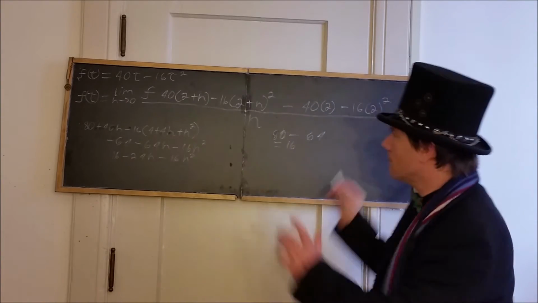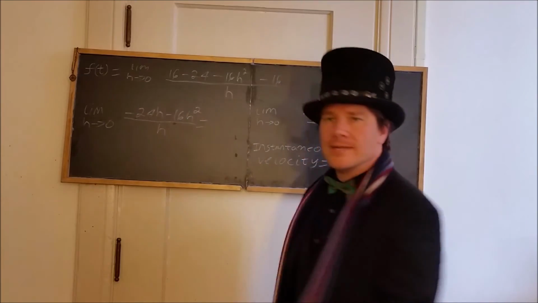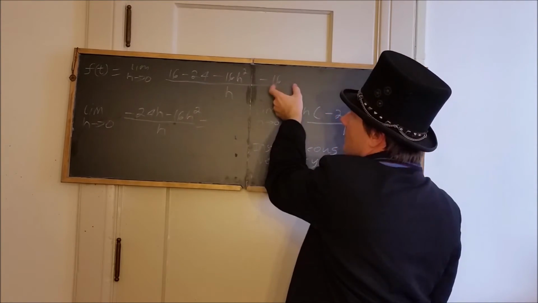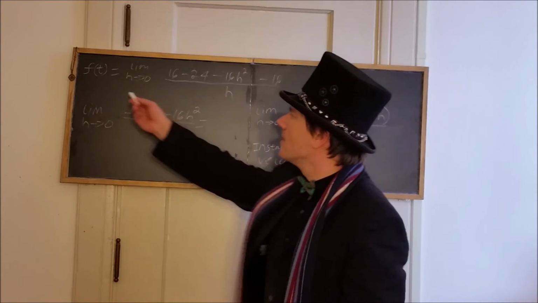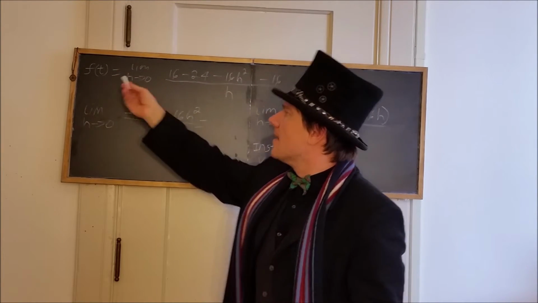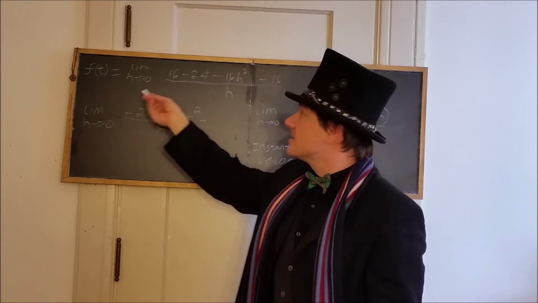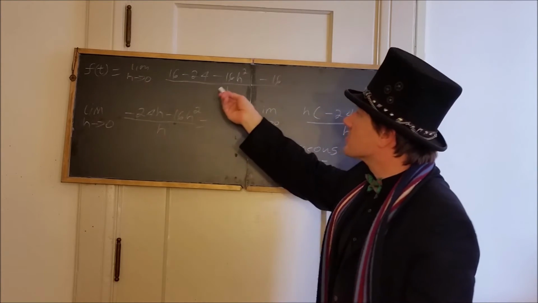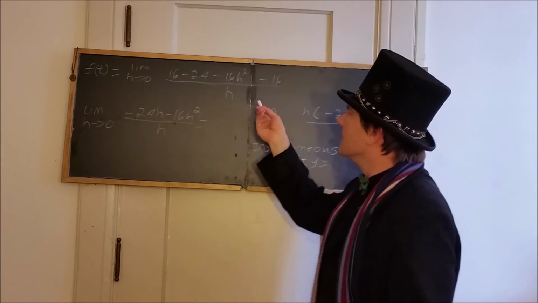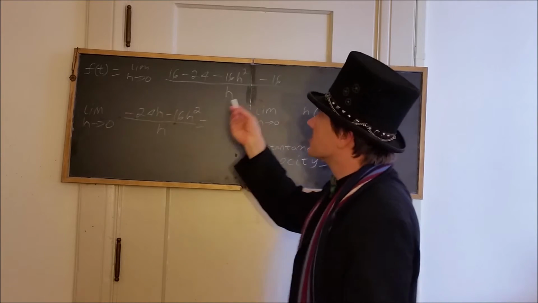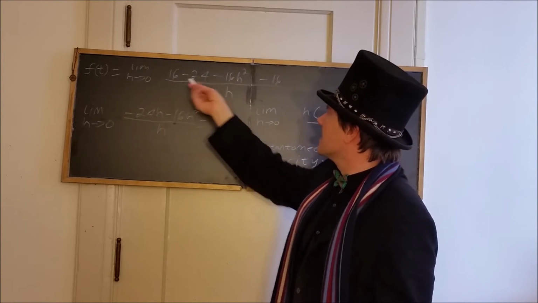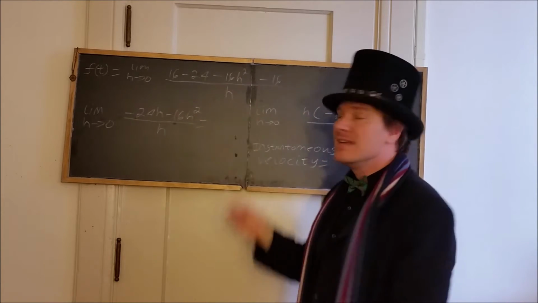So now we'll combine all of this together. Right, so we still have the left side and we have the right side. So we have f of t equals the limit as h approaches 0 of 16 minus 24h minus 16h squared minus 16, all over h. And so we can see that the 16s cancel out because 16 minus 16 is 0.